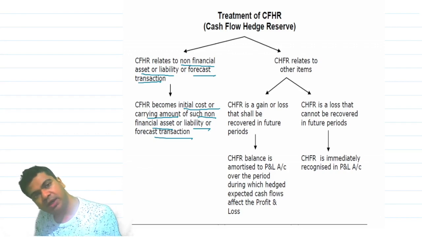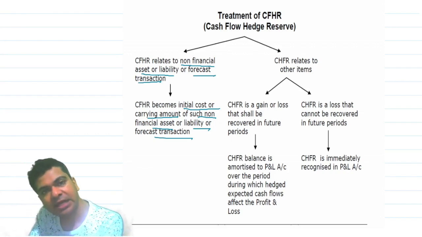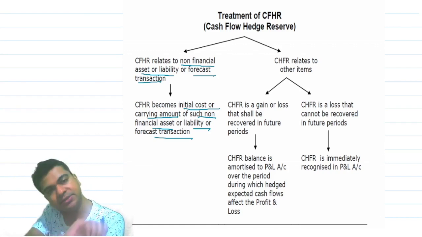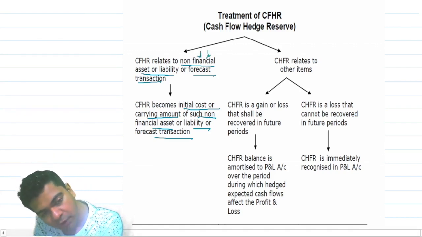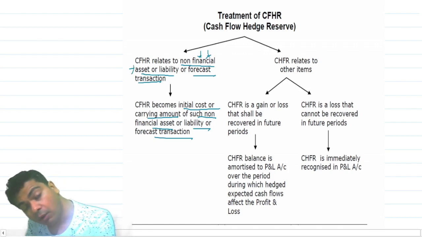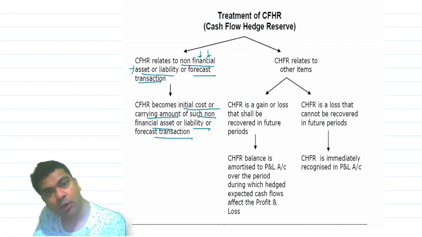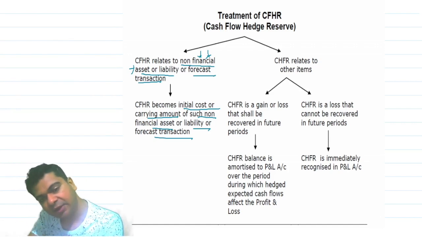Then on a future date, you will actually buy inventory. Whatever is the balance in the cash flow hedge reserve, I will adjust it against the inventory. Why? Because inventory is nothing but a non-financial asset. You get it? So for a non-financial asset or non-financial liability of a forecast transaction, you have to adjust the balance in the cash flow hedge reserve with its carrying amount.